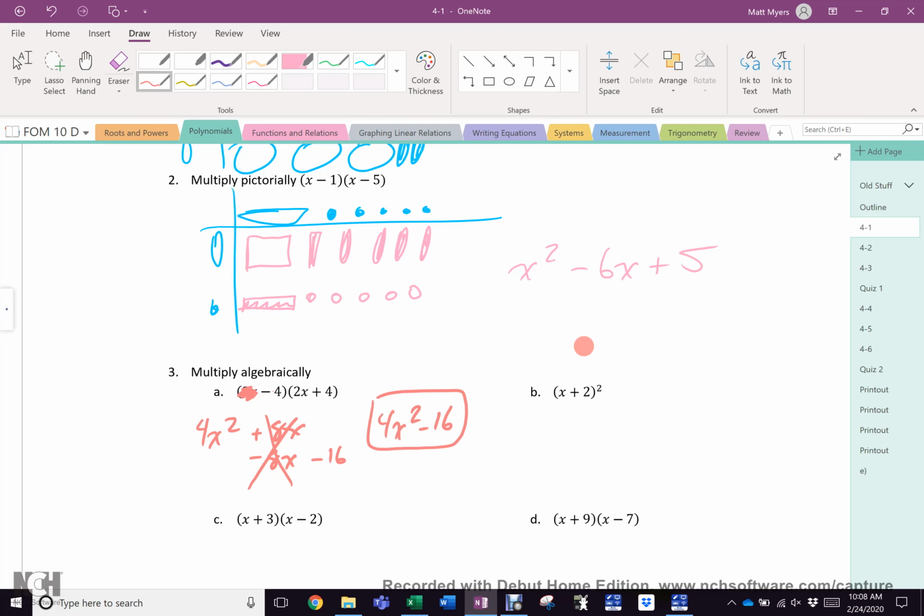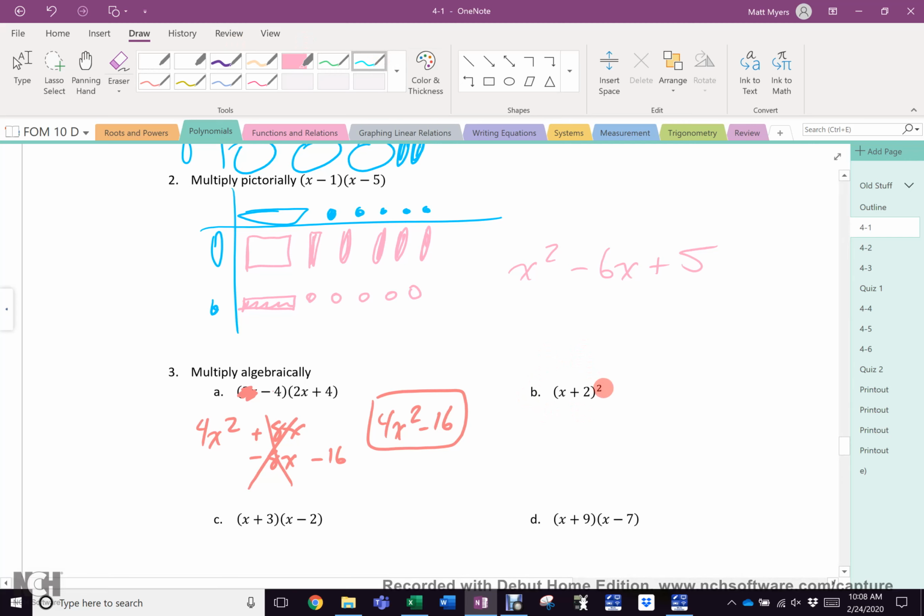What do brackets do? Why do we use brackets? Yeah? To separate and group things together, yes? Okay. What then is the base in this question? x plus 2 because it's in a bracket, yes?